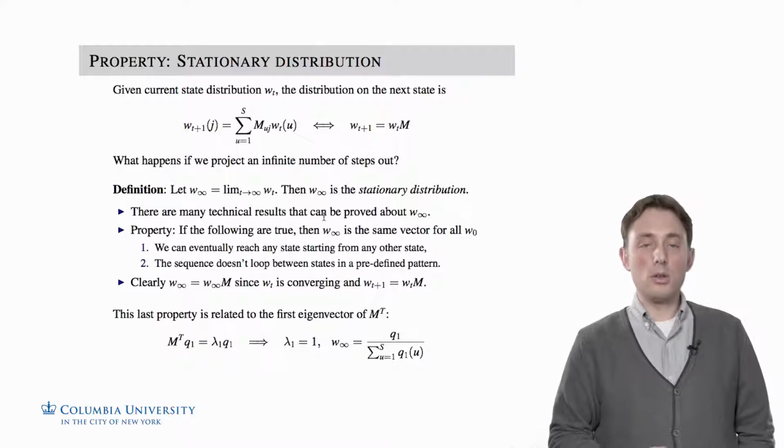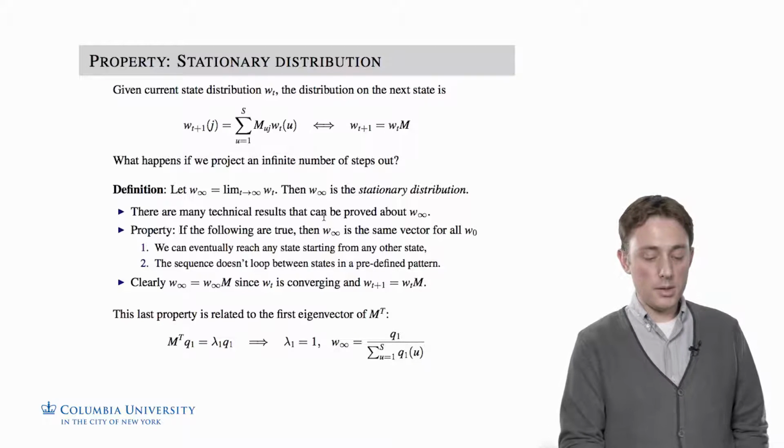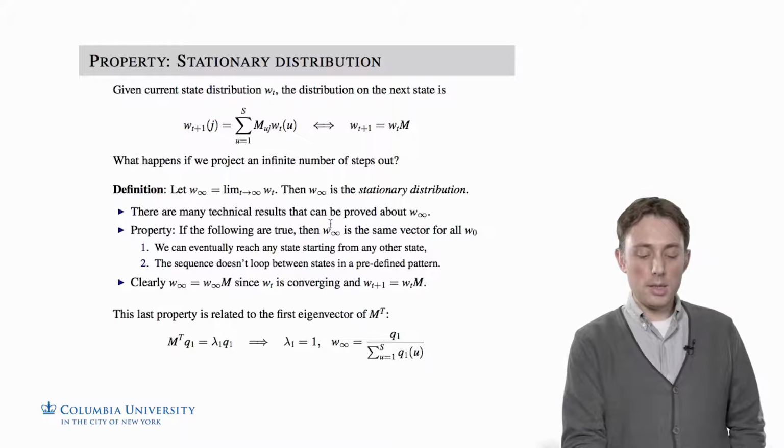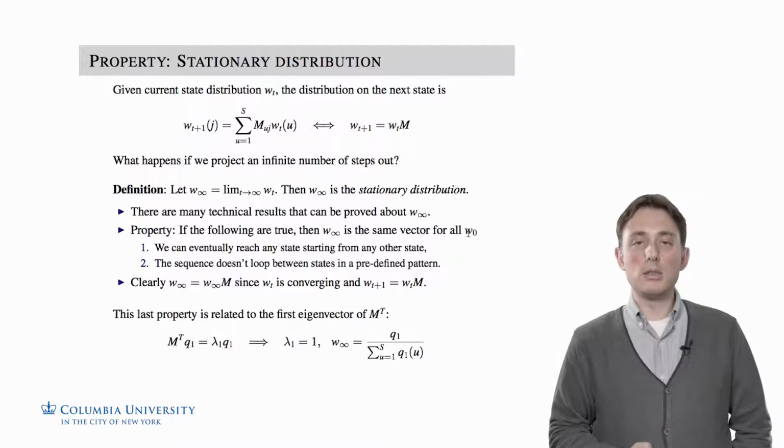So there are many technical results that can be proven about this. We're just going to recite a couple of properties about this. If the following two conditions are true, then the important thing to know is that this w infinity will be the same vector no matter where I start out.